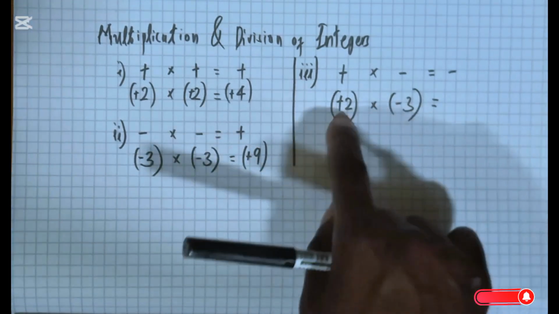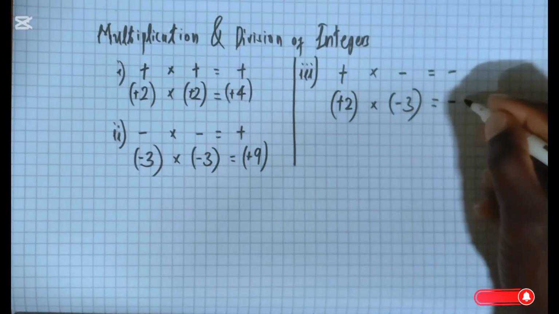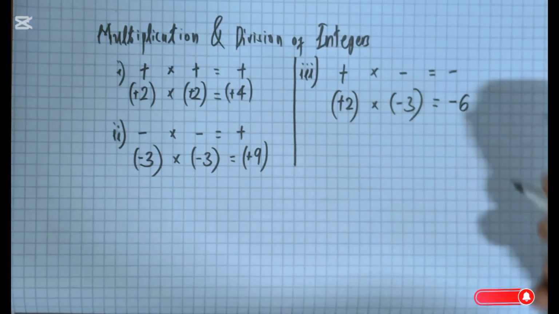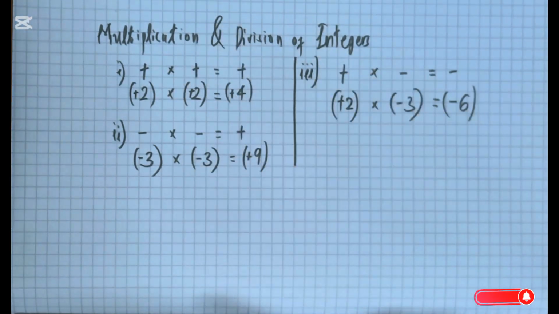That is basically 2 times 3, but because one is positive and the other is negative, this is going to be negative 6. So it is a positive number multiplied by a negative number, and you see the difference.